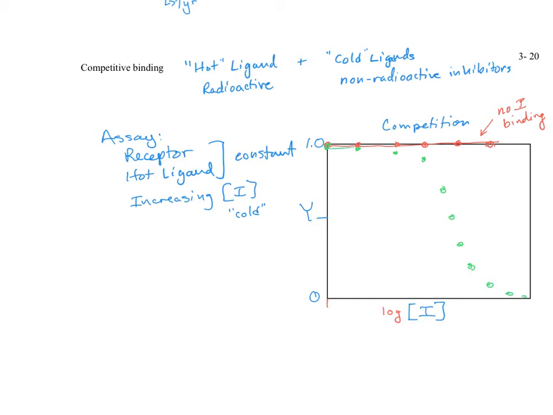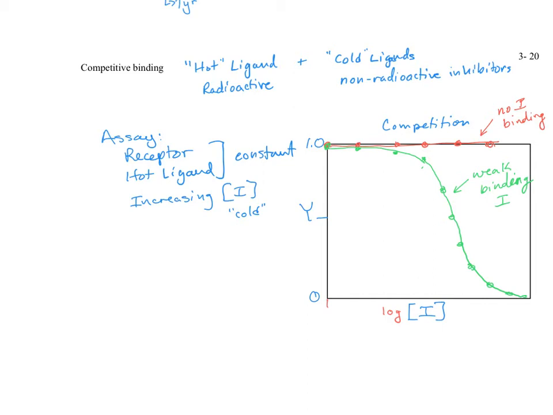So what happens is you actually see the hot ligand or fractional occupancy go down because the cold ligand is competing with it and preventing it from binding. So let's call this a weak binder or weak binding inhibitor.